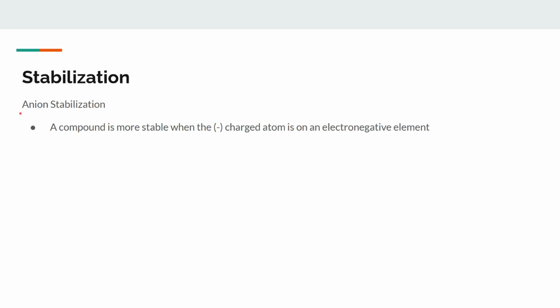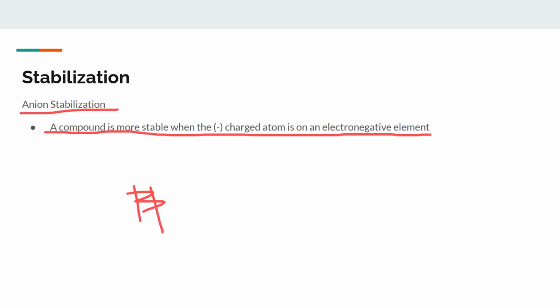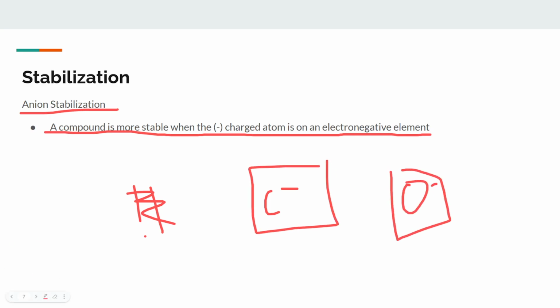And there's one other thing called anion stabilization. This just basically means that a compound is more stable when the negatively charged atom is an electronegative element. So, sorry, you wouldn't want a carbon to be negative. This happens way less often than oxygen being negative.